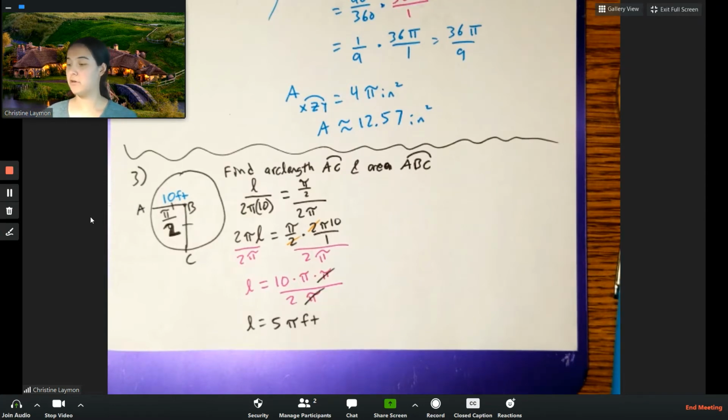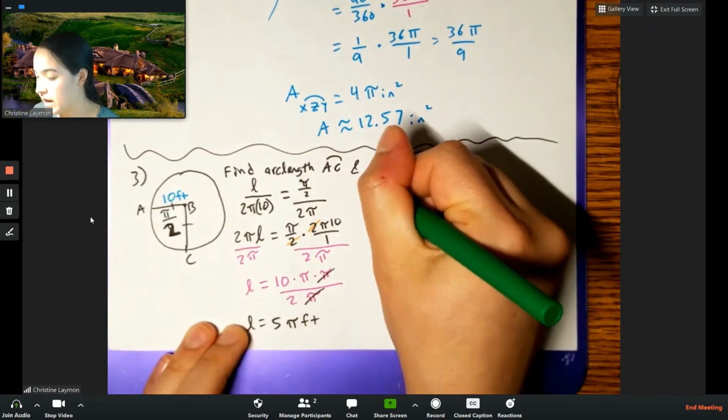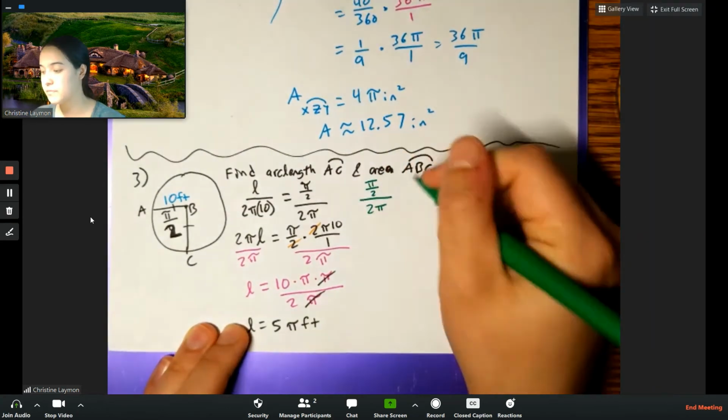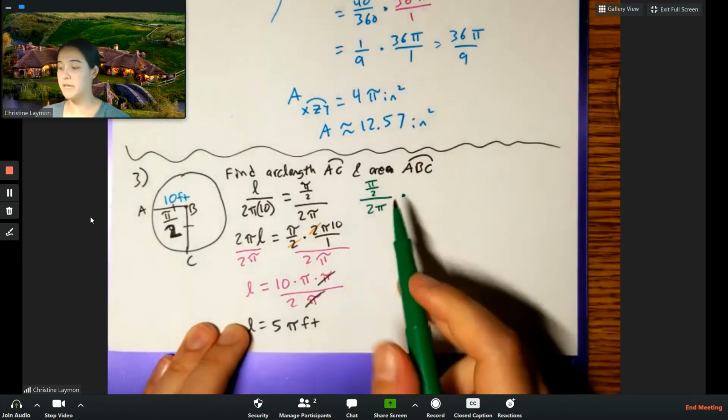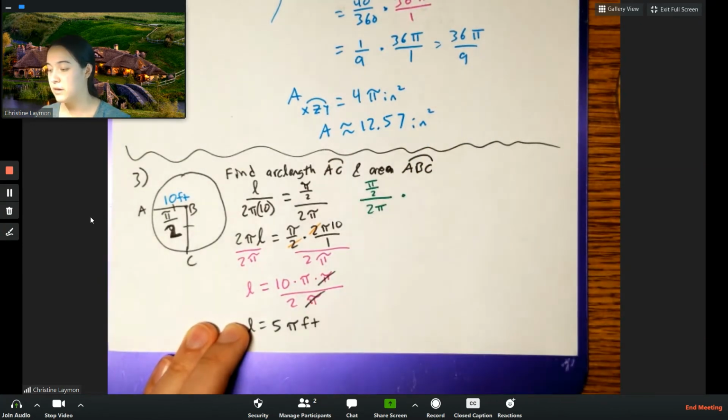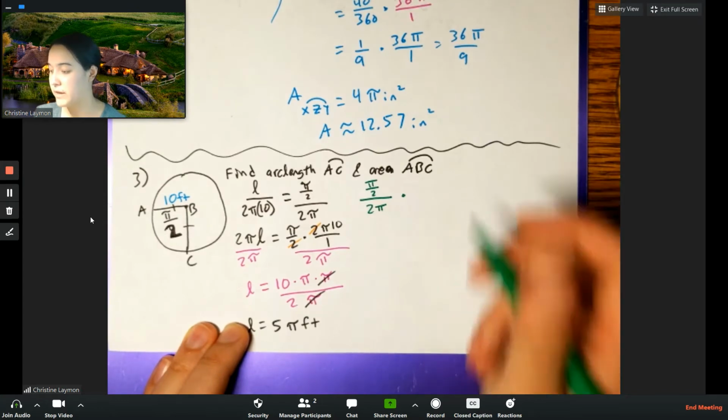Now let's go after the area, so the area of the sector. And this time I'll use the other method. So I'm going to have pi over 2 divided by 2 pi times, now again, right now this is the fraction that I care about, times the entire area, which is pi r squared.